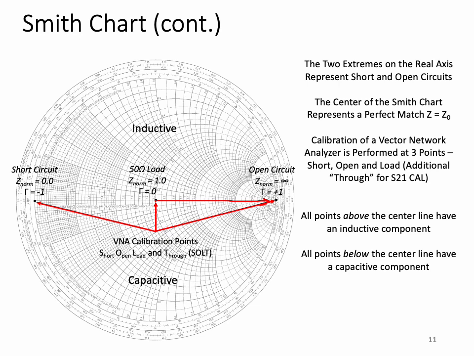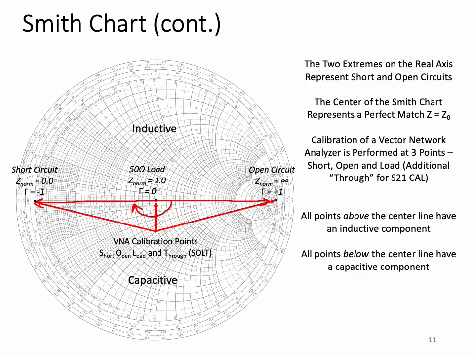For a short circuit, gamma is equal to minus 1, which is, again, a vector of unit length, but its angle is 180 degrees.